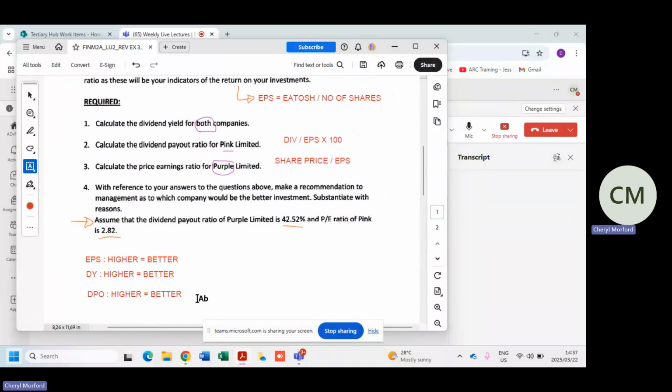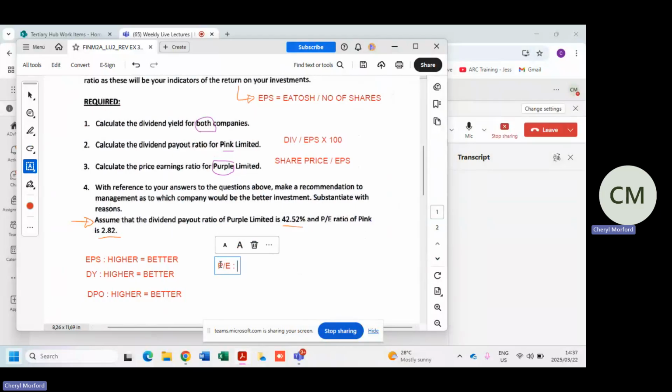And then it leaves us with one more, the price earnings ratio. Now this one is the only one that's different, because if you had a price earnings ratio, let's say of 10, and you had another one of 2, let's try and pick which would be the better one. In the case of 10, you need to get 10 dividends in order to recover the cost of your investment.